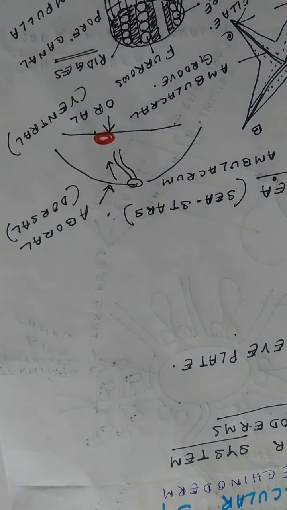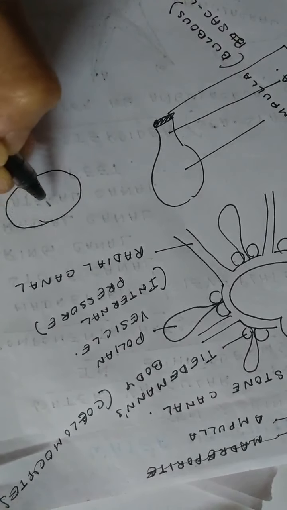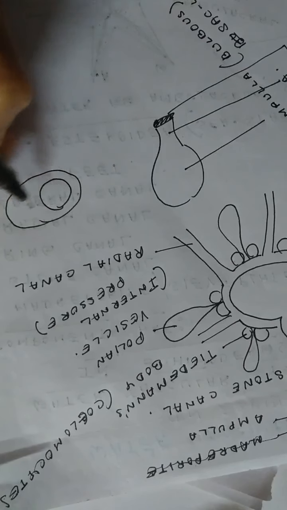Now this madreporite of the Ophiuroids is highly reduced. It has only 2 pores.